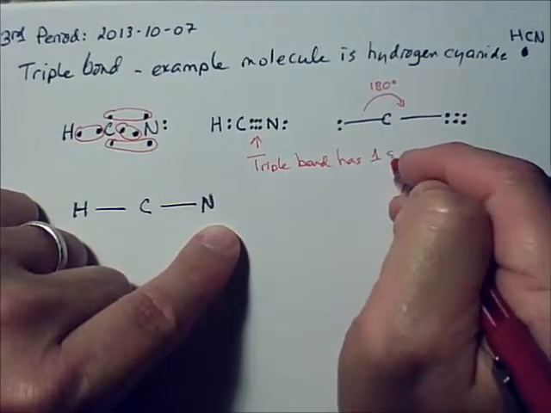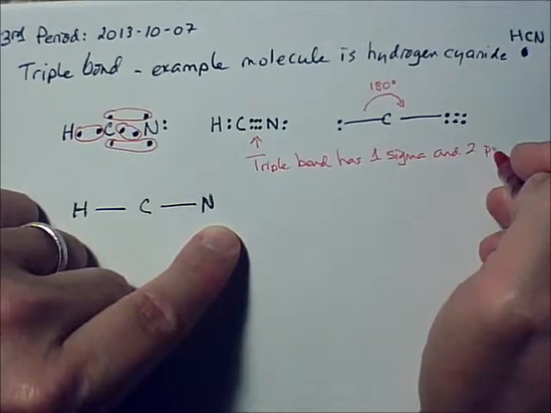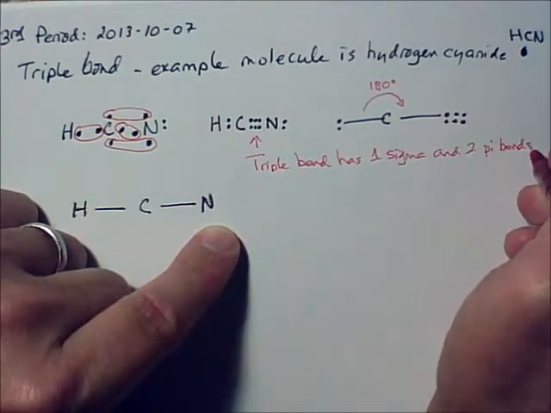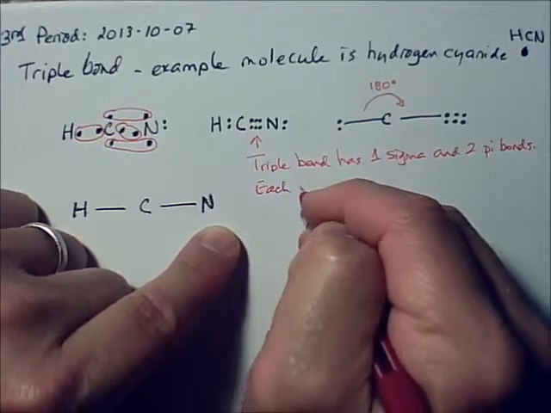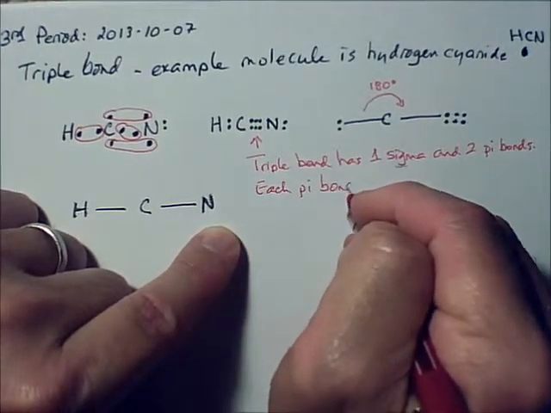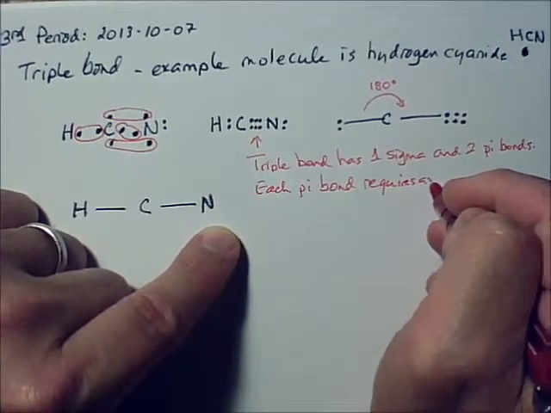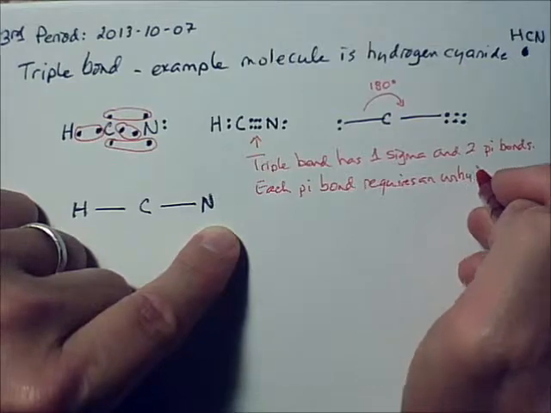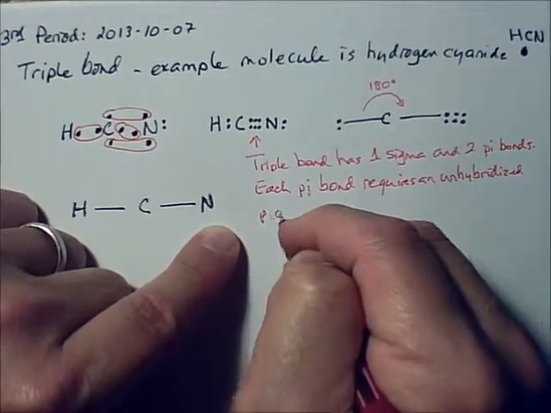A triple bond has 1 sigma and 2 pi bonds. Each pi bond requires an unhybridized p orbital.